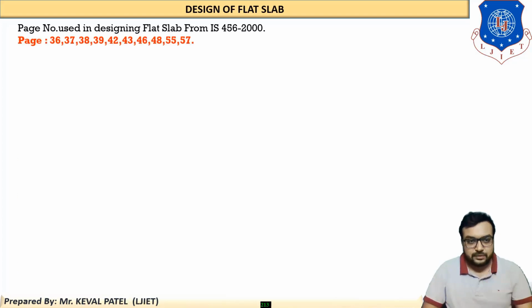First of all, which page numbers are used while designing a flat slab? These are the pages of IS 456-2000: page numbers 36, 37, 38, 39, 42, 43, 46, 48, 55 and 57.